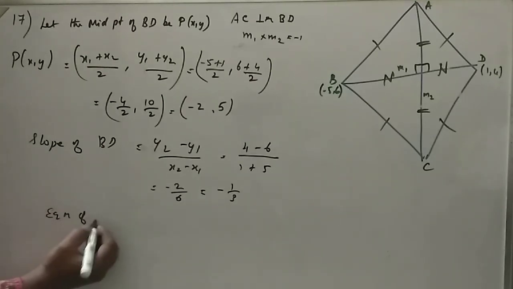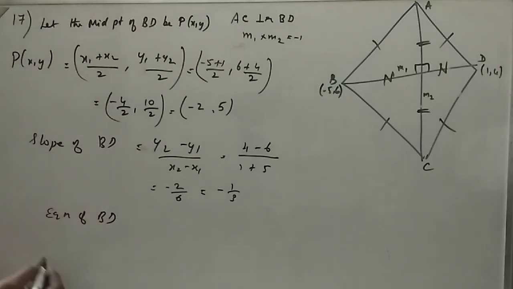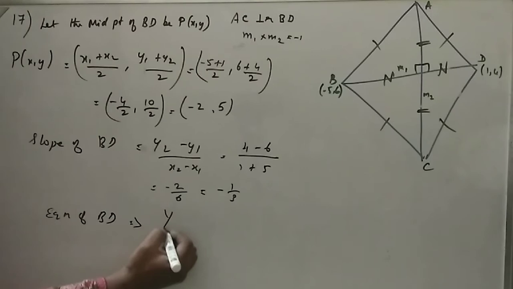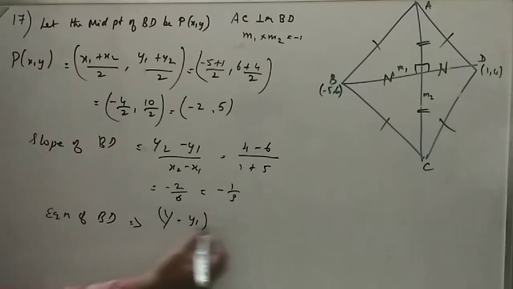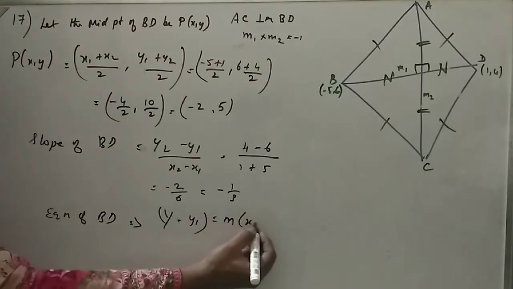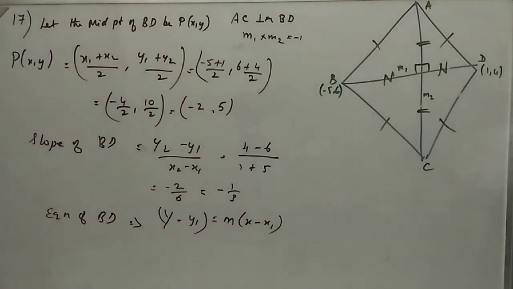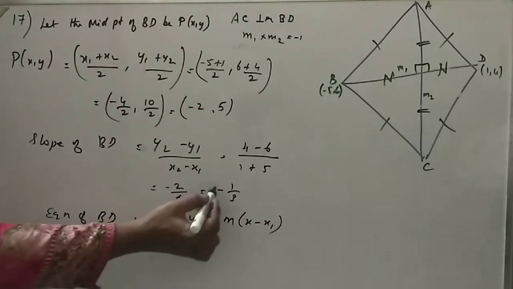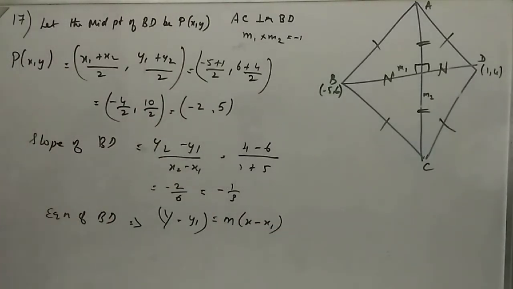Equation of a line BD. We have to find y minus y1 is equal to m into x minus x1. Okay. We know slope and a point B we can take.